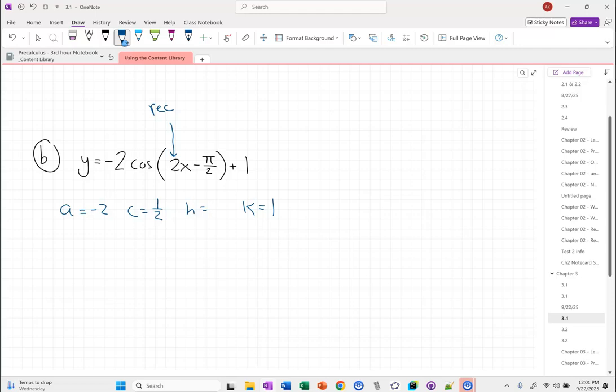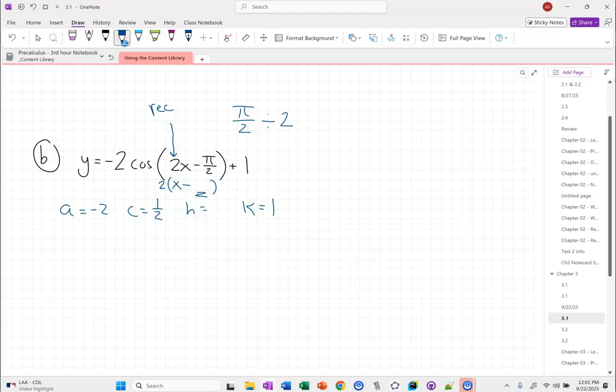Last thing we need to do is get the H, right? For this problem, finding the H is going to be much more difficult than the previous one. Why is that? We have to take 2 out of pi over 2. Yeah, I have to factor a 2 out of pi over 2. That's an excellent way of phrasing it. So when I factor that 2 out, really what I'm doing is dividing by 2, right?